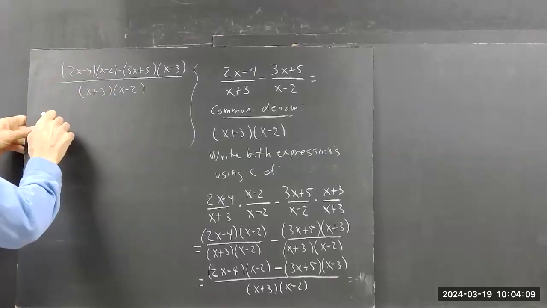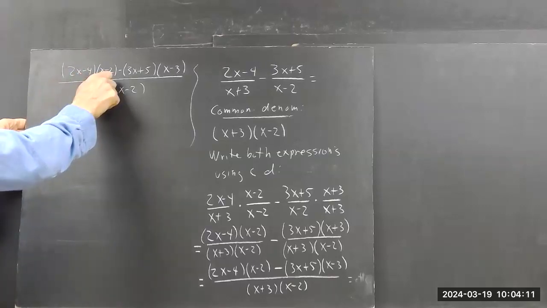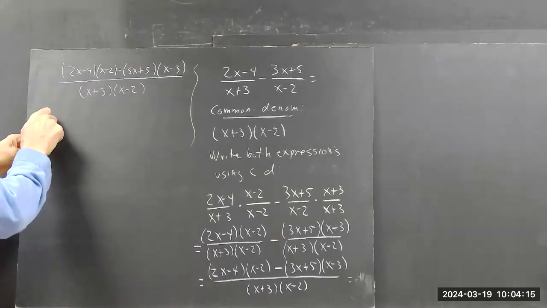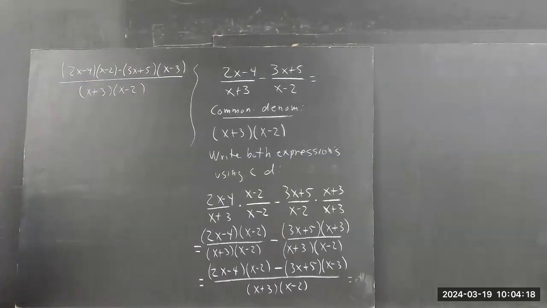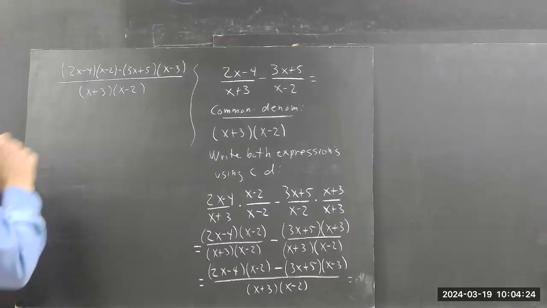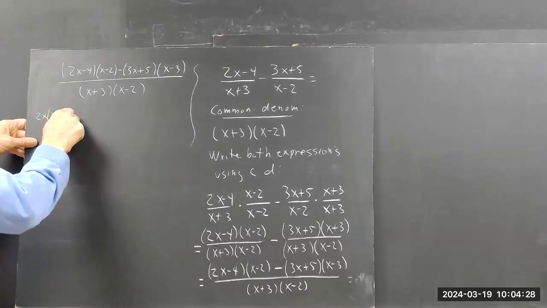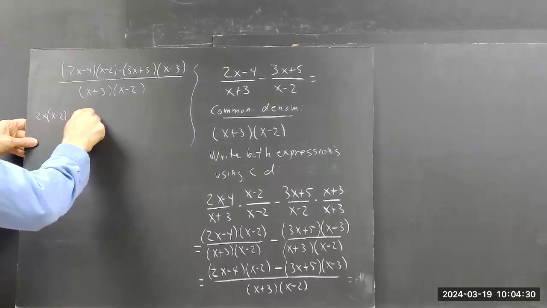Then I multiply these out. 2x minus 4 times x minus 2 is, I'm debating. Yeah, I'm gonna write it out. 2x times x minus 2 minus 4 times x minus 2.